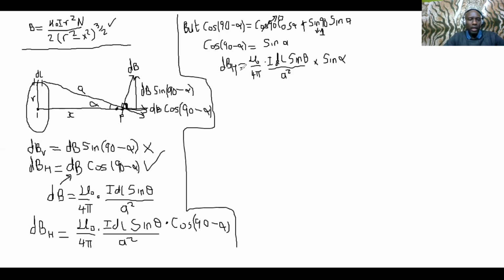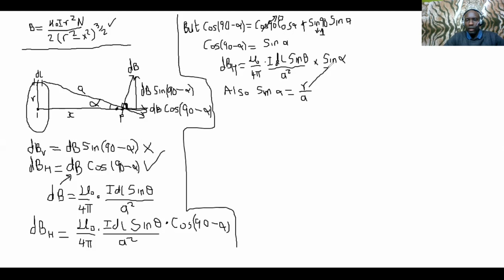Now let us go to the diagram here. Sine of alpha, which is this one, will be equal to opposite, which is r, over hypotenuse, which is a. We may substitute it here. Therefore, sine of alpha is equal to r over a.